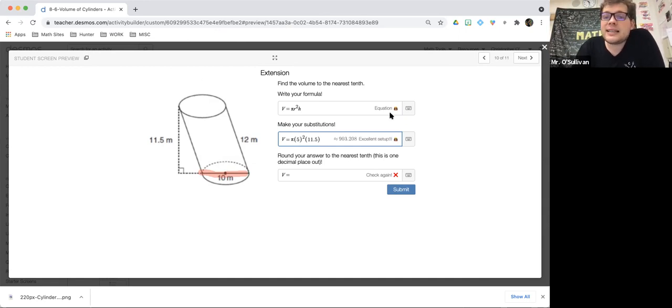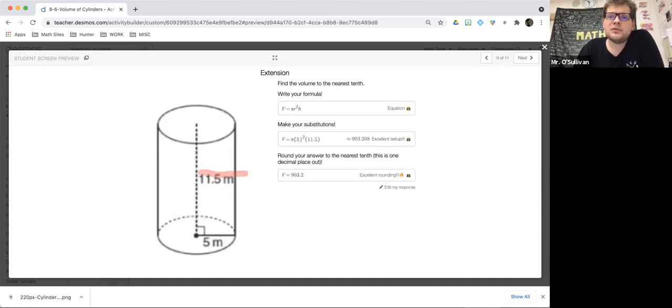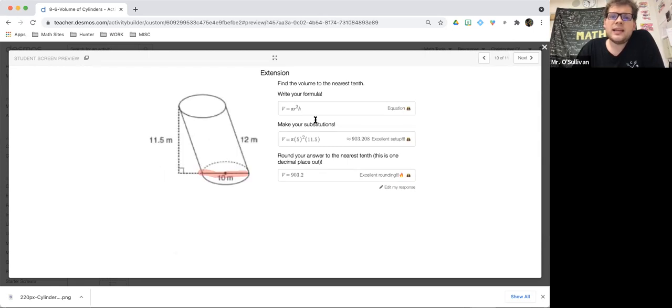And if you look, I got excellent setup. So I did do this correctly. And this is actually the same number as before. So now I got to type in 903.2, which is a little weird. Before I got 903.2, and now I'm getting 903.2. So I'm really a little perplexed as to why it's the same volume.